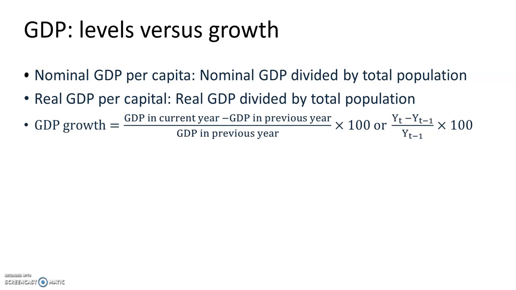So to calculate GDP growth, you will have the GDP in the current year minus the GDP in the previous year, divided by the GDP in the previous year, times 100, or (Yt minus Yt-1) divided by Yt-1 times 100, and t denotes the time, the period or the year, as t minus 1 denotes the previous year.